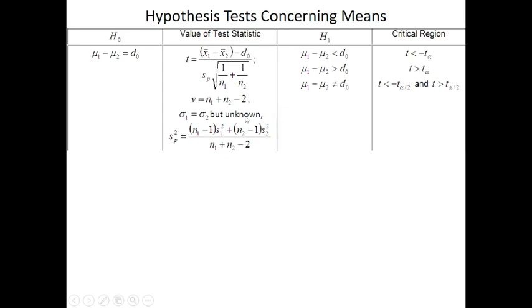So since we're testing the null hypothesis, which is mu sub 1 minus mu sub 2 equals d sub 0, mu sub 1 minus mu sub 2 equals 2 units in the problem.